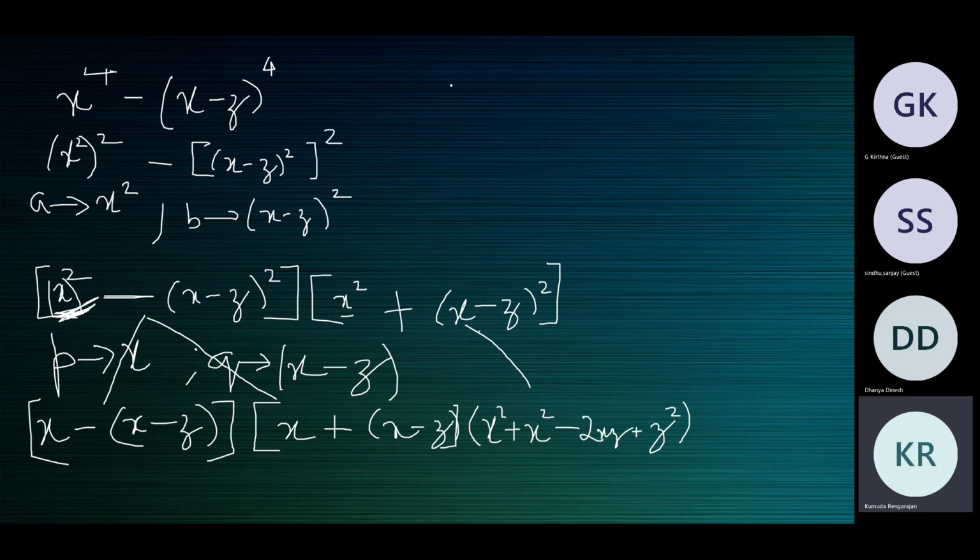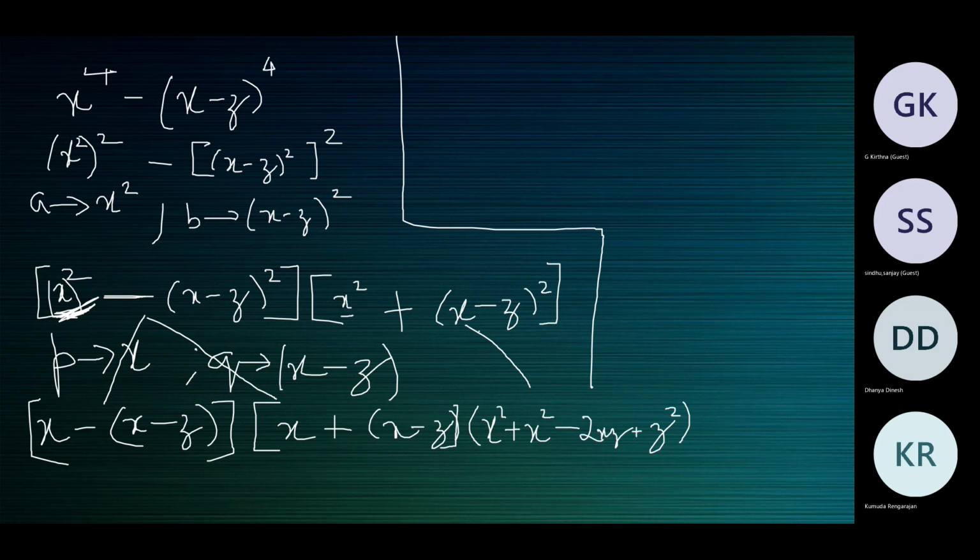Now what do you have in the first bracket? Let me write it above here. So in the first bracket, what will you get? X minus, X minus x plus z, because minus into minus is plus. In the other bracket, X plus x minus z.